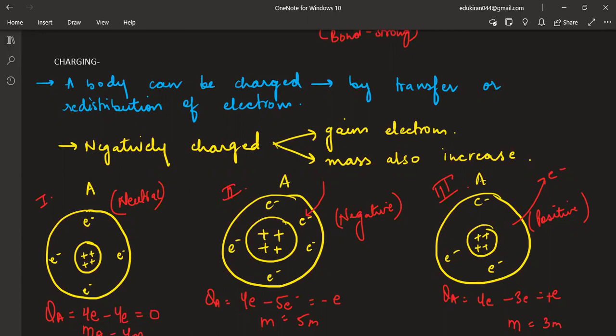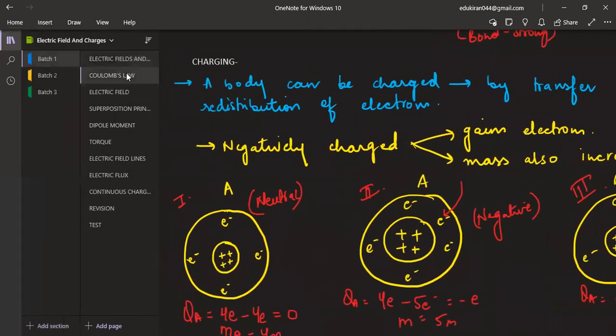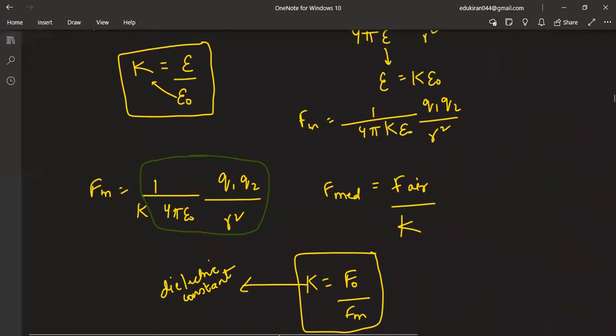That's why I was saying, remember always that mass also increases and decreases for negative and positive charging. This fact you should remember. And from methods of charging also, you have statement-based questions. More statement-based questions are asked from this part. But do not waste so much time on the electric charge portion. You have other important topics from this lesson also.